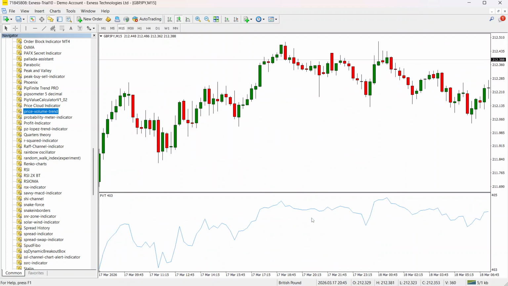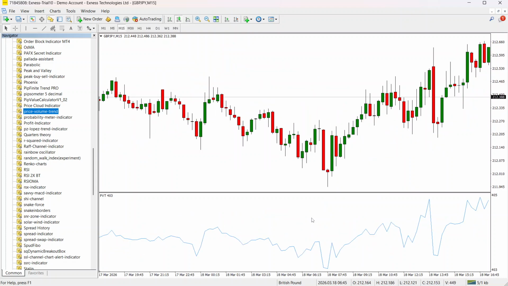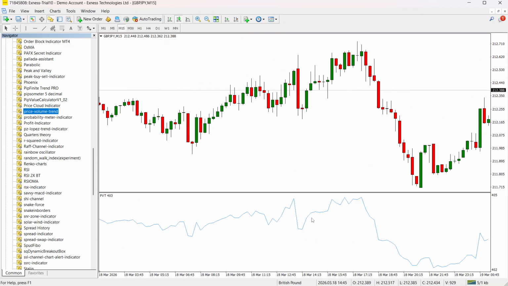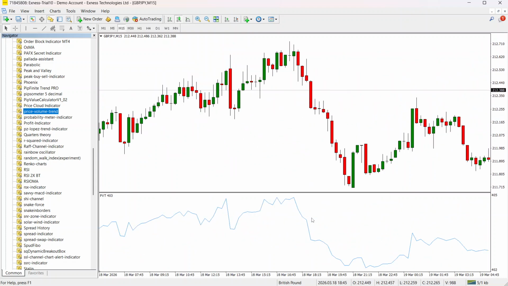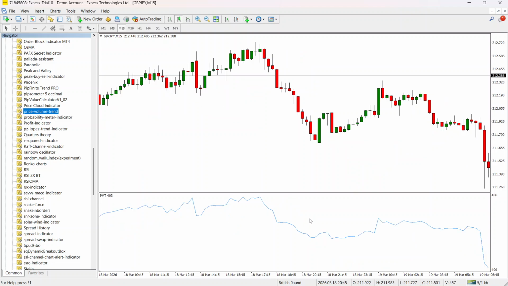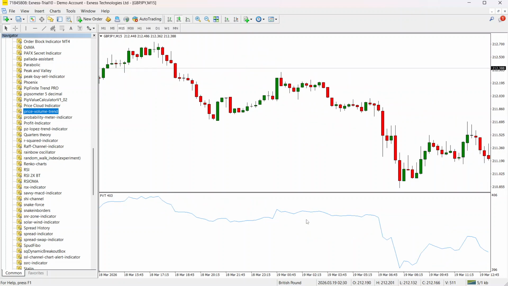When the line diverges from price, it suggests that the trend may be weakening. Sustained readings in one direction highlight stronger trend conditions, while flattening or turning readings highlight areas where the existing move may be running out of energy.